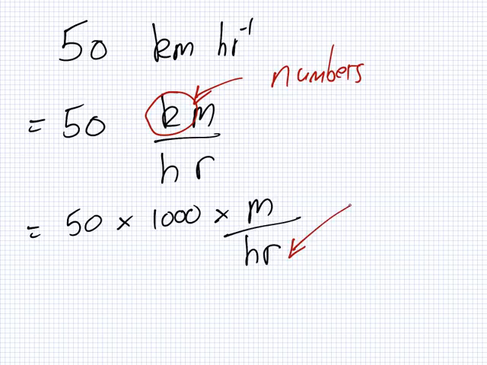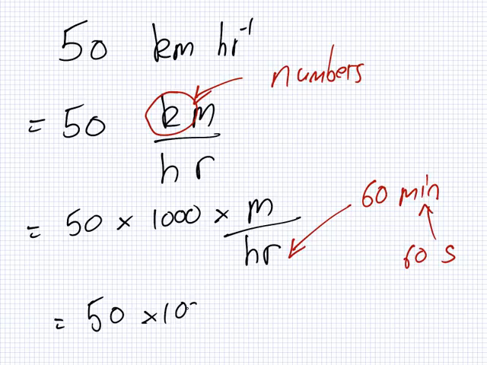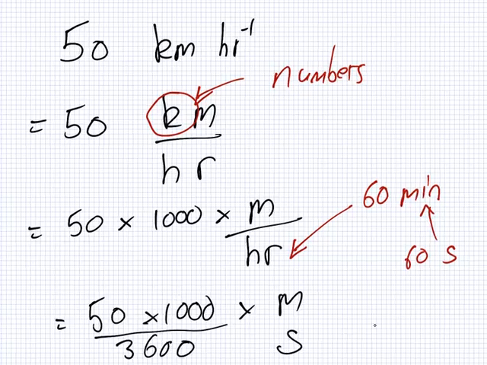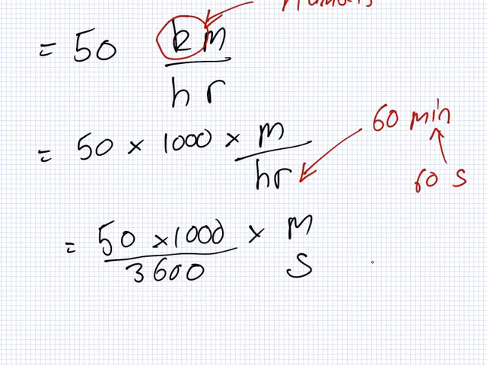But hour, we can think of as 60 minutes, and then minute we can think of as 60 seconds. So in total it's 3,600. So 50 times 1,000 times meter over 3,600 times second.